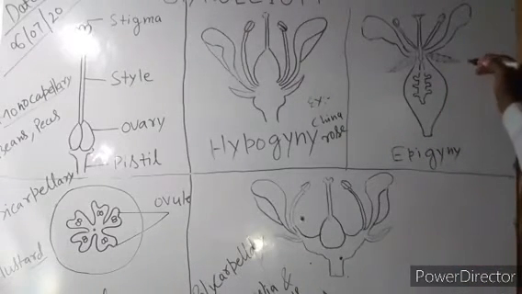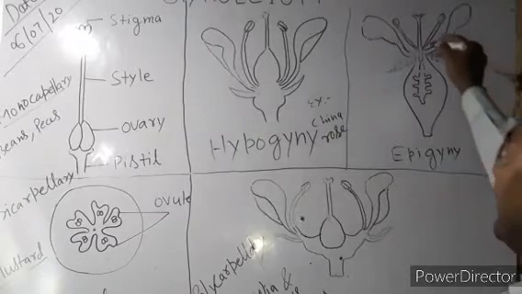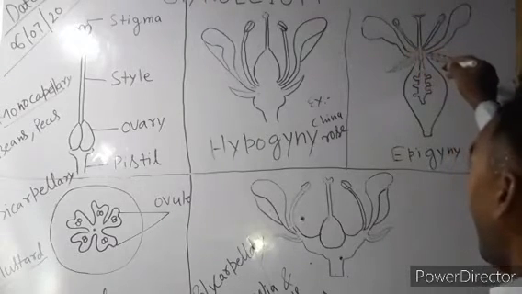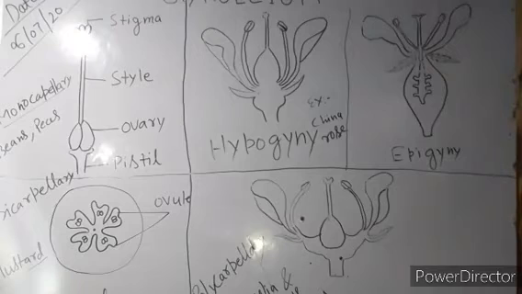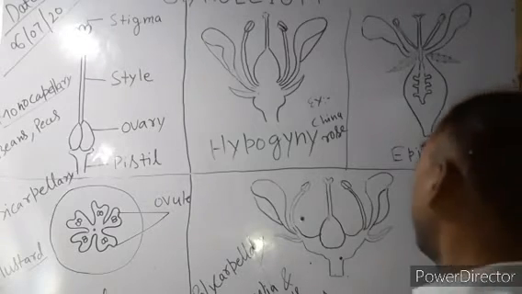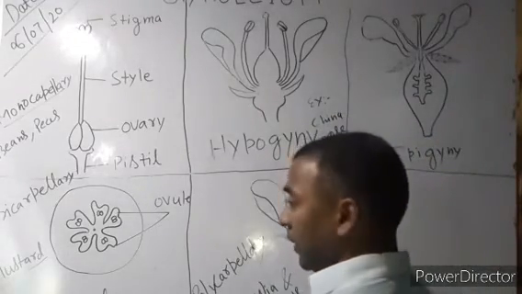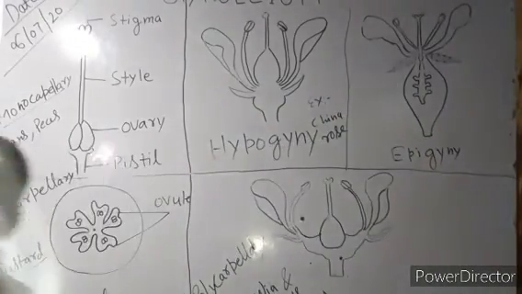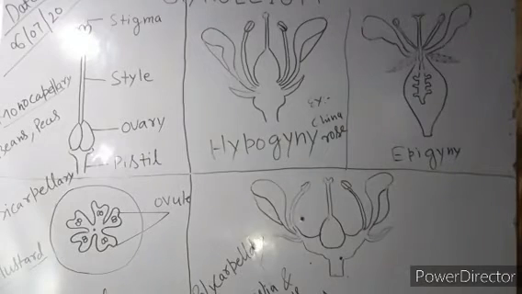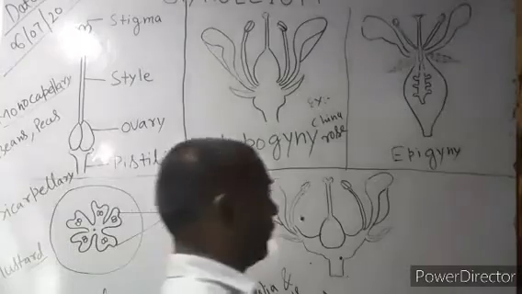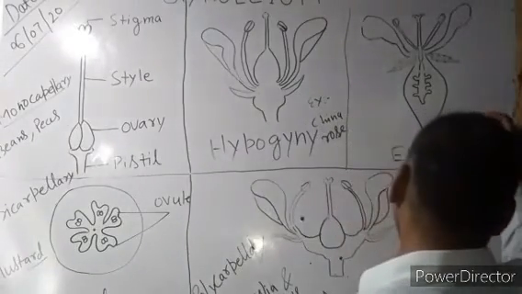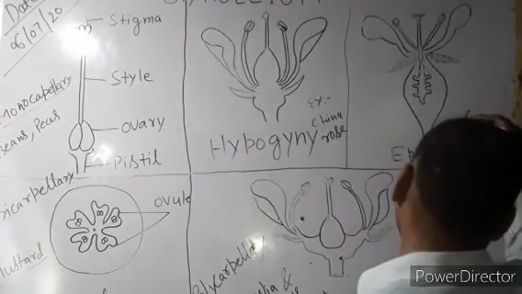That is, all three whorls embedded in the flower are just above the ovary, or you can say that the ovary is inferior. That means the flower in which this type of ovary is found has an inferior ovary, or the epigynous condition. The best example is sunflower.